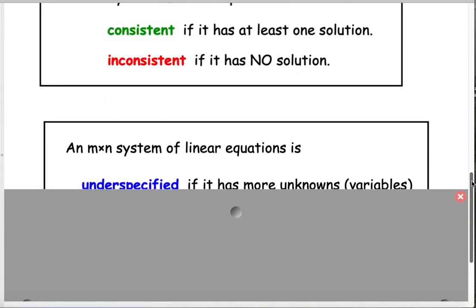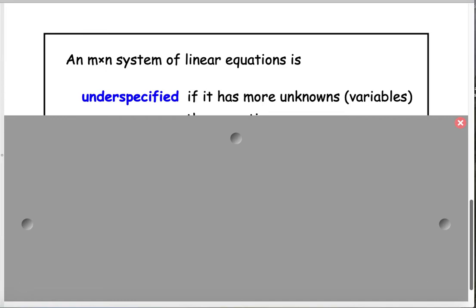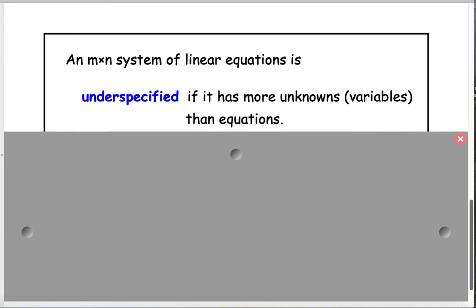And then two other terms. We say that a system is underspecified if it has more unknowns, i.e. variables, than equations. So for example, if I had two equations and each equation had 3 variables, that would be underspecified.